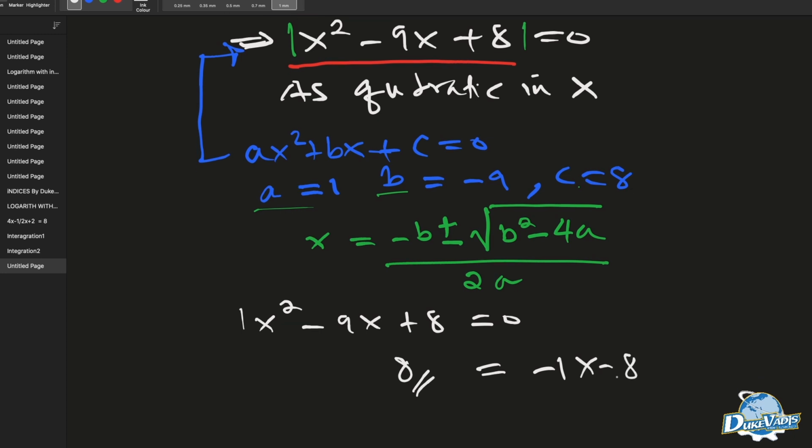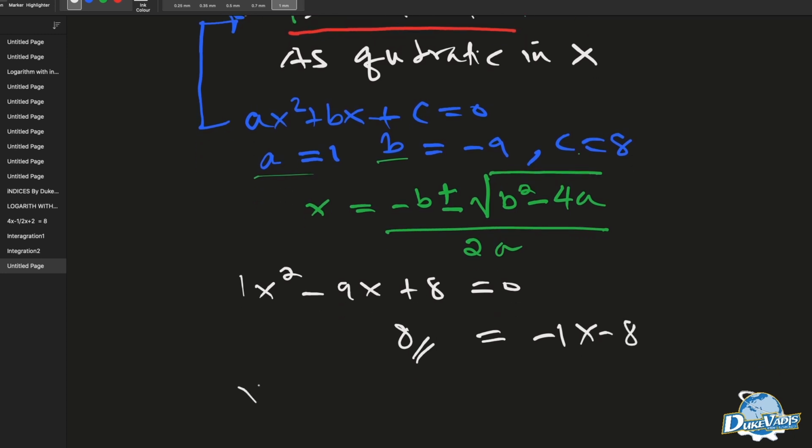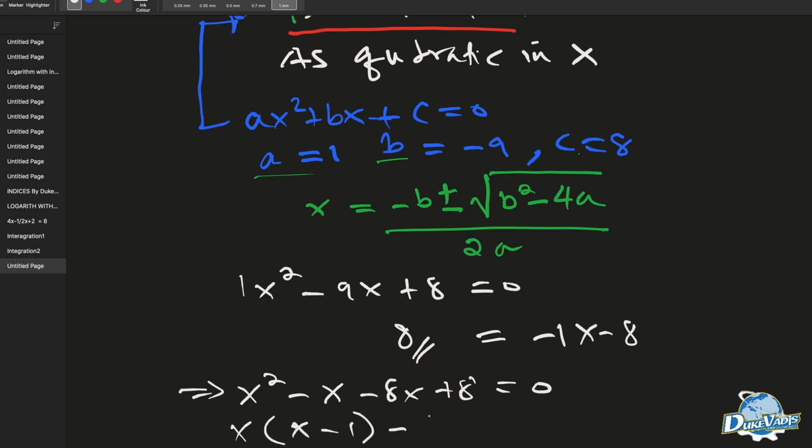So when I put it back into the equation, I can say x squared minus x minus 8x plus 8 equals 0. Then x will come out like that. We have -1, and then minus 8 out. x minus 1 is equal to 0.